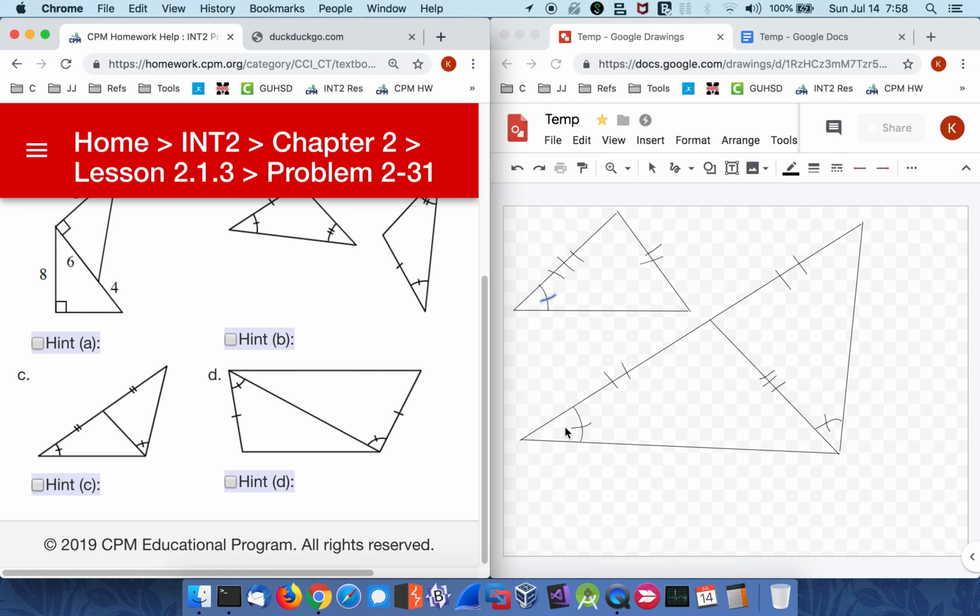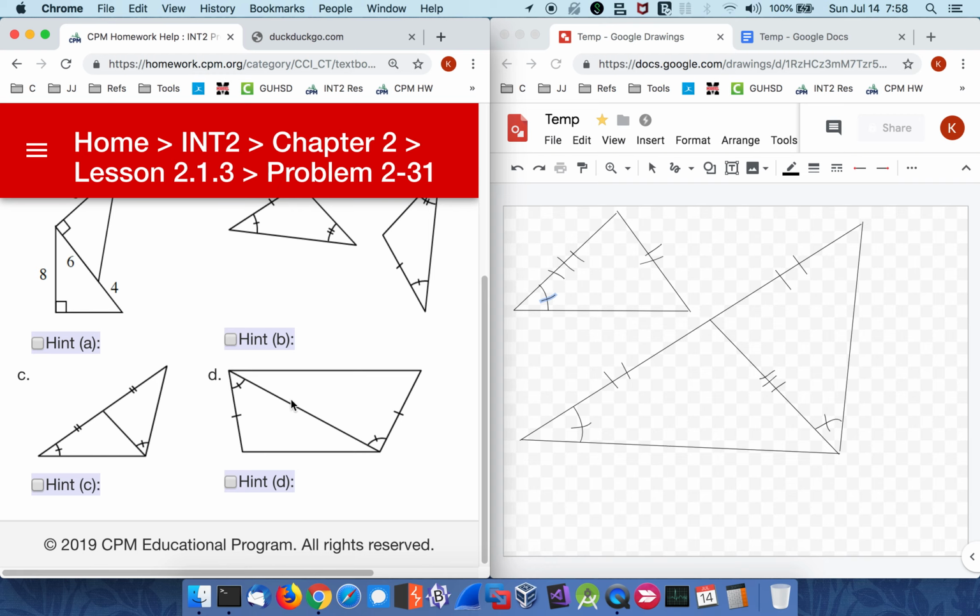One thing to remember here is to make sure you know your angle theorems, and I guess that's why they talk about having a theorem graphic organizer. Maybe that's just a sheet of notes that tells you which angle theorems you can use, like side-side-side, side-angle-side, angle-side-angle, and a couple other things.